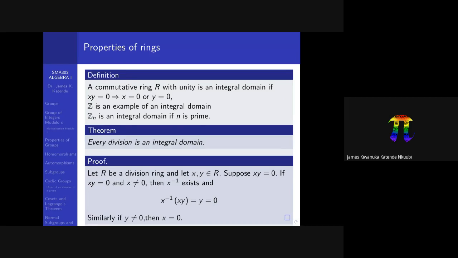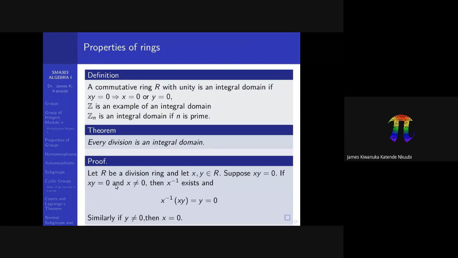But if it is there, then you call it a ring with unity. So this is important in this definition: the commutative ring with unity is an integral domain. Commutative, let me not go into the details of this. There's a reason why you need commutative there.